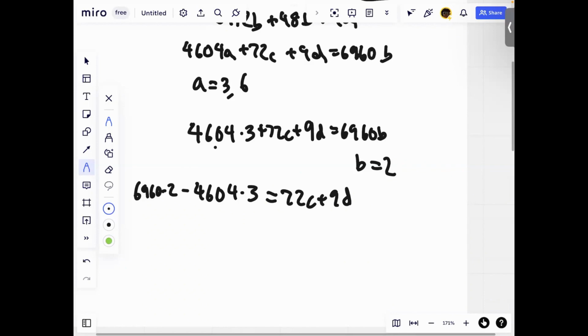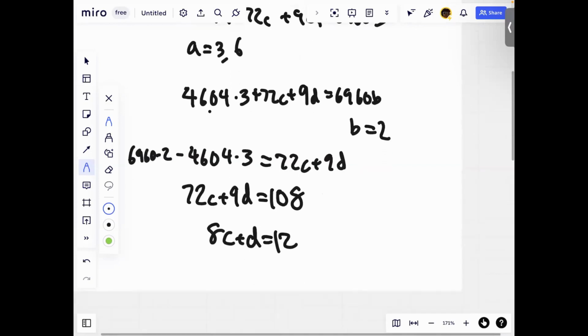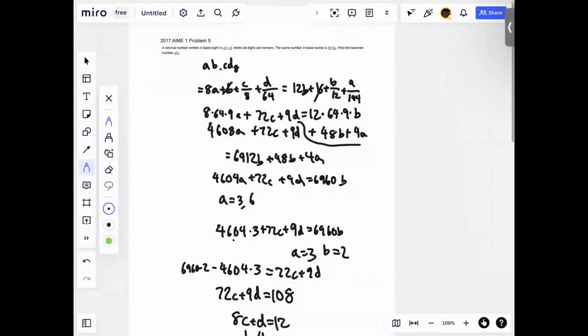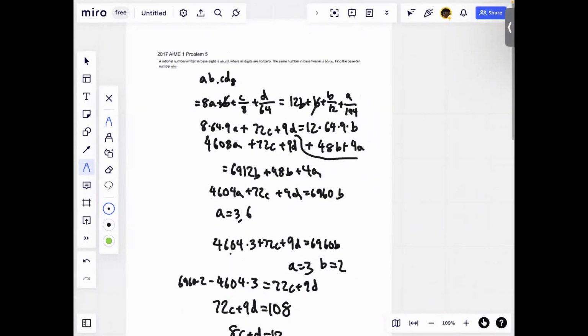So 72C plus 9D is equal to 108, so 8C plus D is equal to 12. Since C and D are integers, C is equal to 1 and D is equal to 4. And that means that ABC is the answer.